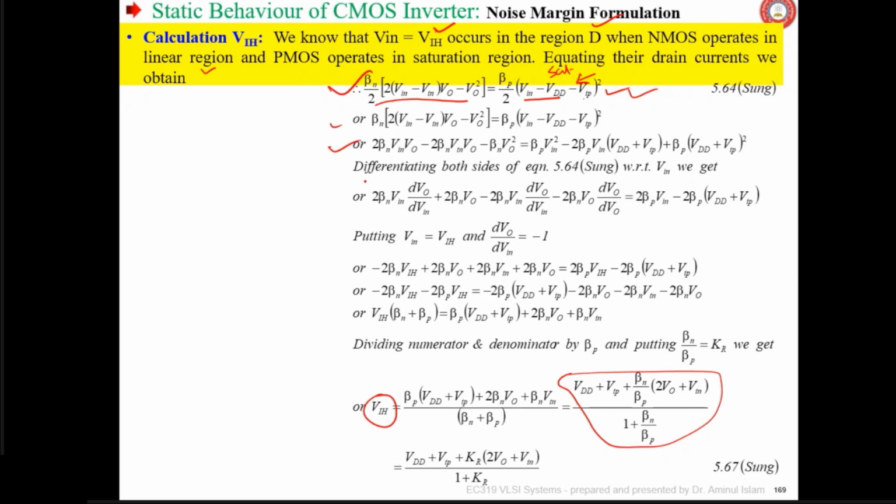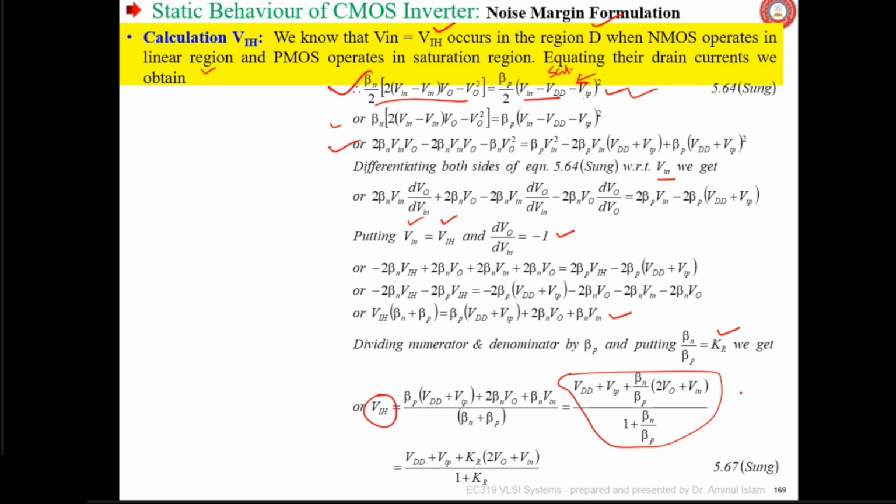Then we do the differentiation with respect to Vin, and later on you put Vin equals VIH and dVo by dVin equals -1. Manipulating, you get this expression, and dividing numerator and denominator by beta p, with beta n by beta p equals kr.